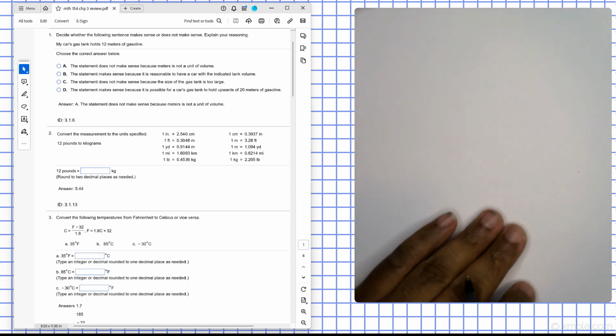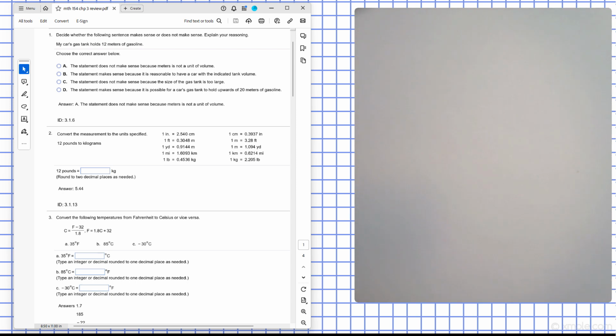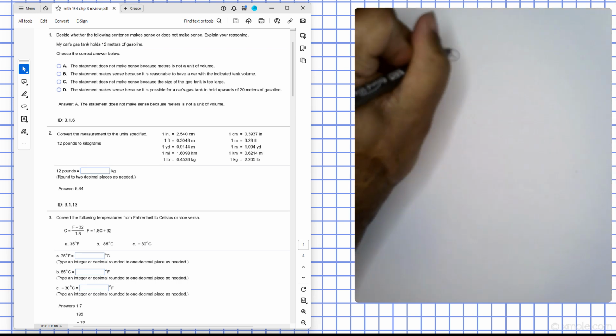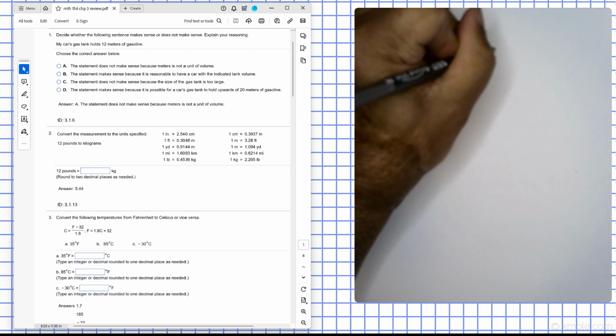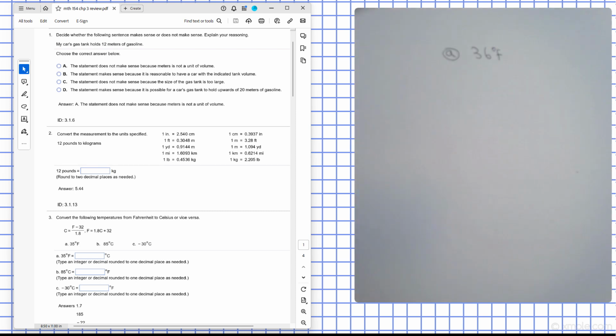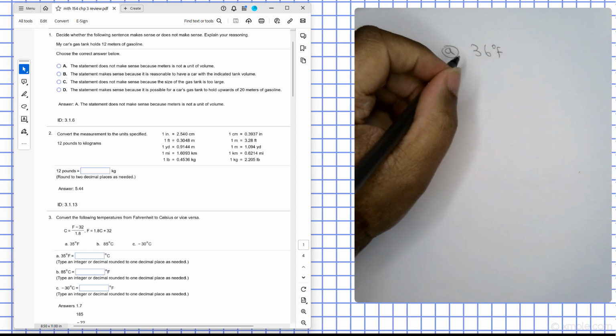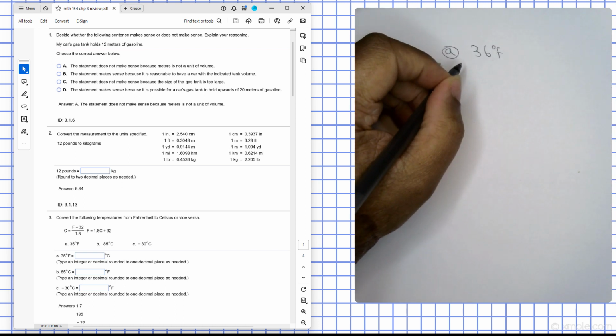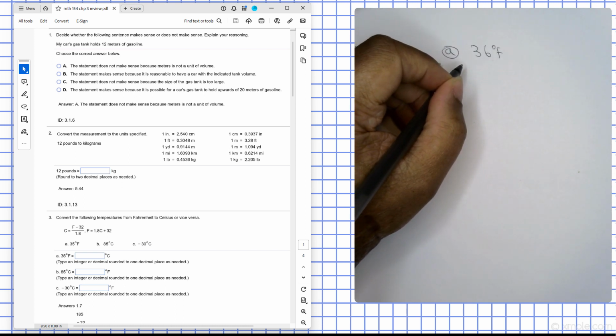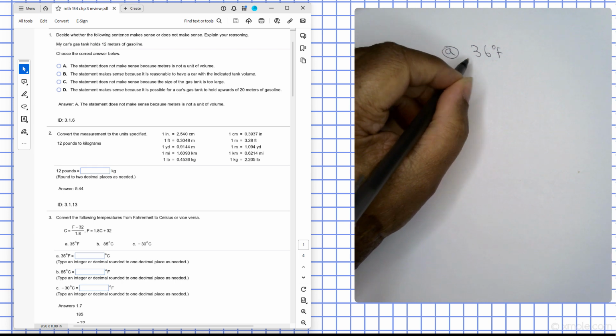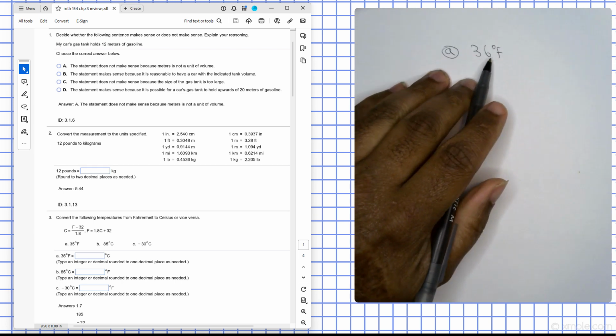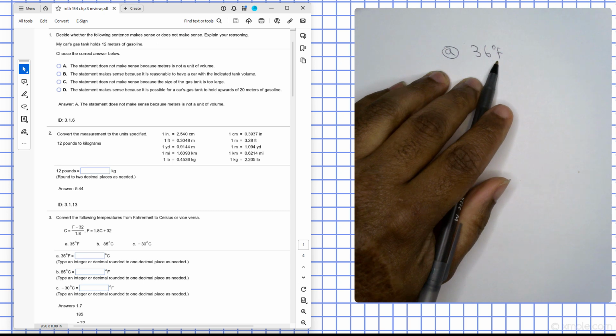Number 3, convert the following temperatures from Fahrenheit to Celsius or vice versa. For A, they give us 36 degrees Fahrenheit, and we want to convert Fahrenheit into Celsius.